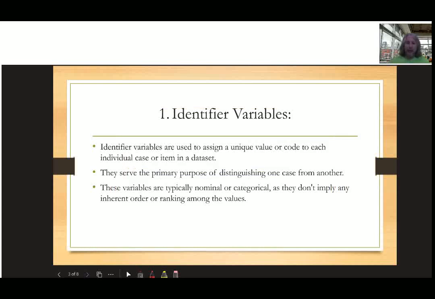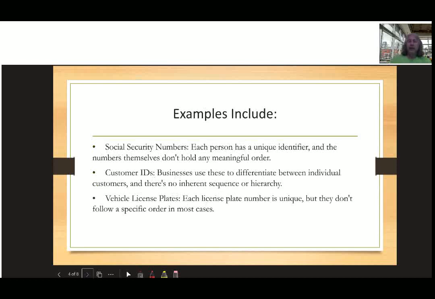They serve the primary purpose of distinguishing one case from another. These values are typically nominal or categorical, as they don't imply any inherent order or ranking amongst the values. Examples include social security number. Everyone has one, but the number doesn't tell me anything about you. It just tells me who you are. It's an identifier.